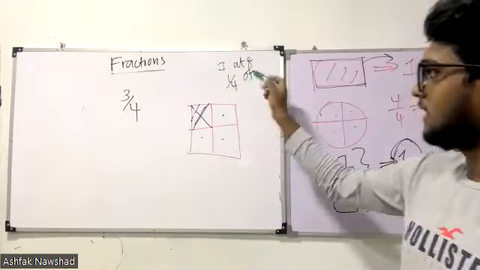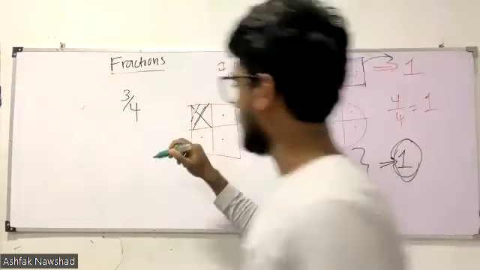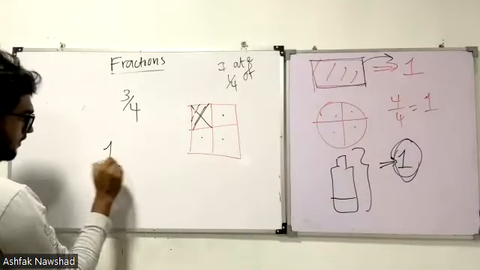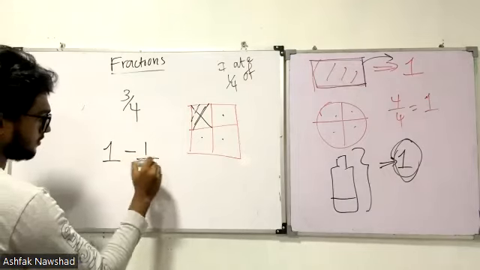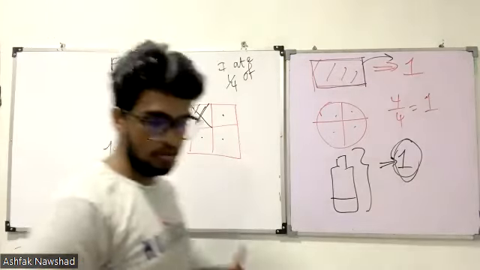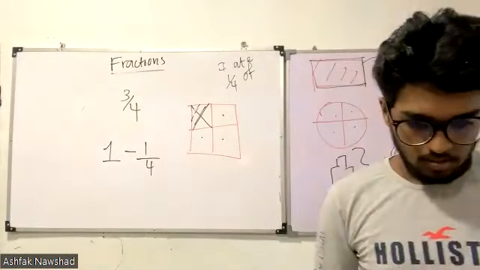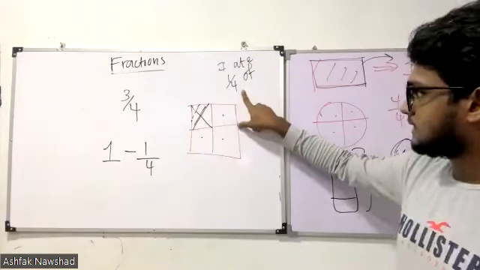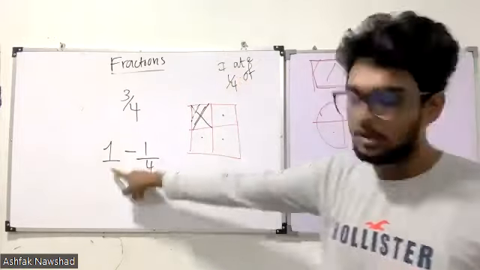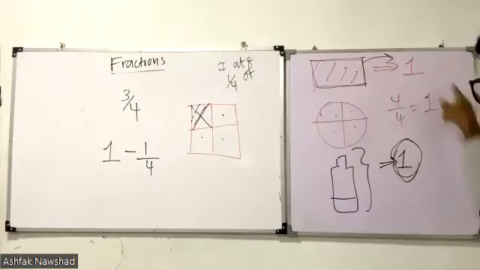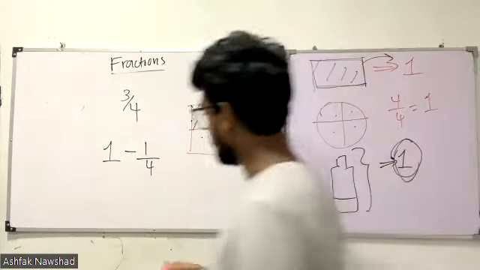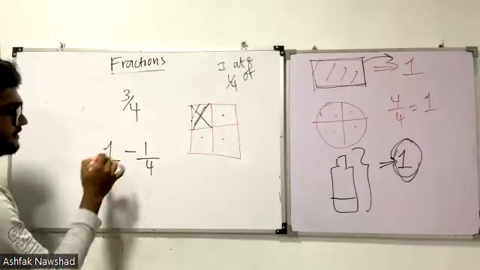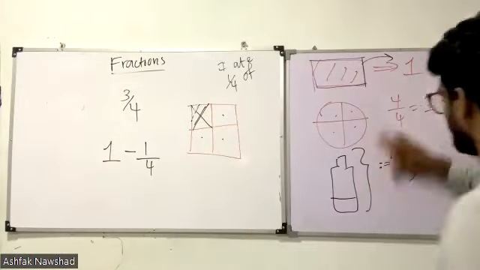If you want to write this mathematically, there was a whole chocolate. That's 1, and you ate 1/4. So you can solve this and get 3 over 4, right? Without going for diagrams, you can use the data. There was the whole chocolate, and I said the whole is 1. So whole chocolate minus 1/4. 1 can be written as anything. That's the speciality of 1.